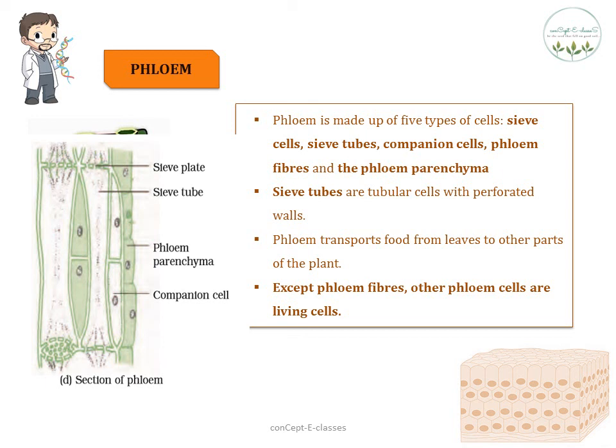Now we have phloem parenchyma, which stores food, and the companion cells, which have a dense cytoplasm and serve the sieve tube cells; they are called sister cells. The main function of phloem is to transport food from the leaves to other parts of the plant. Except for phloem fibers, all other phloem cells are living cells.